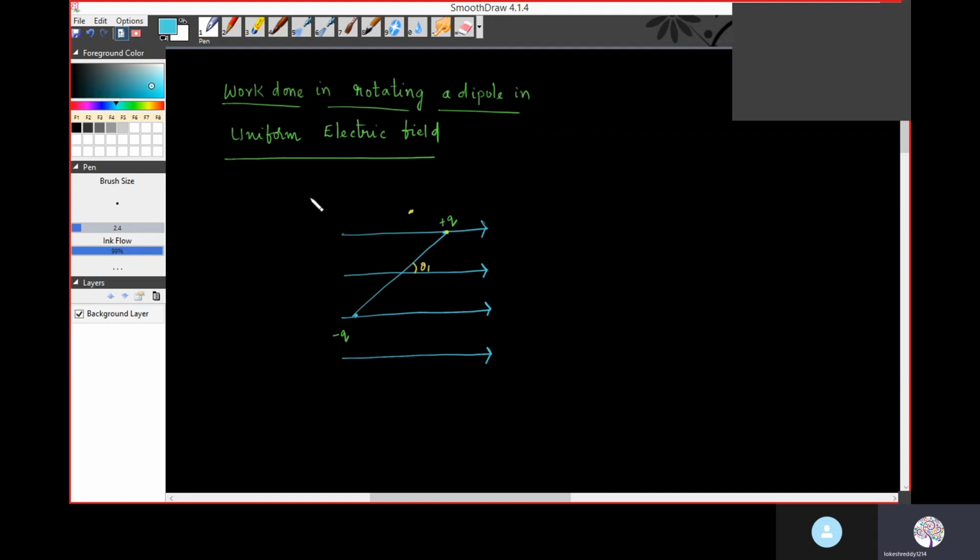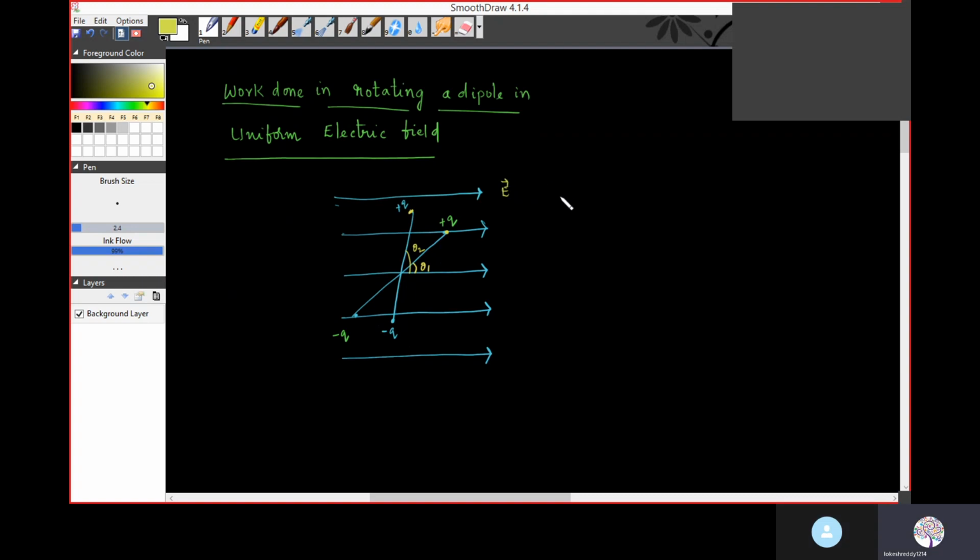Let's draw this also in the field. Now the angle here is theta 2. So you have moved it from theta 1 to theta 2 against the field.